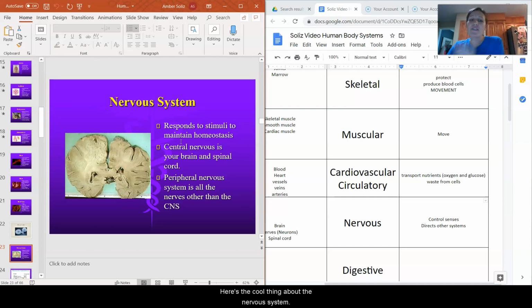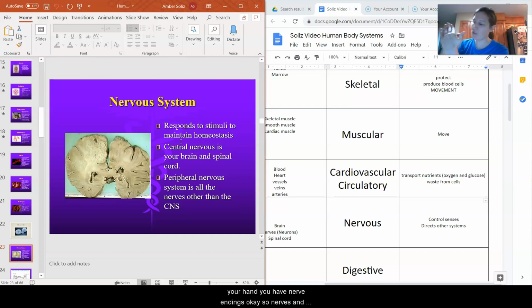Now, here's the cool thing about the nervous system. Let's pretend that you walk into the kitchen, you didn't know mom just cooked on the stove, and you lay your hand on the hot part of the stove. It's not red anymore because she just turned it off, but it's hot. So let's talk about what's happening.